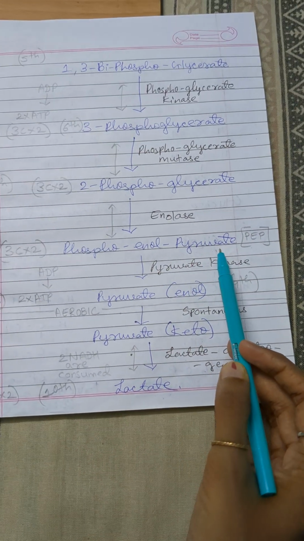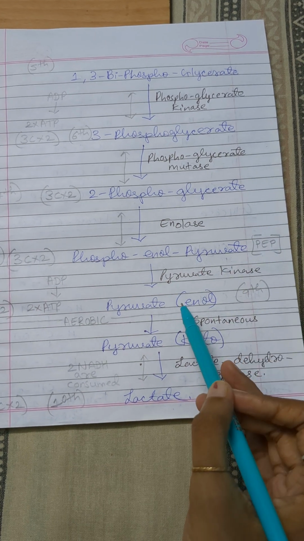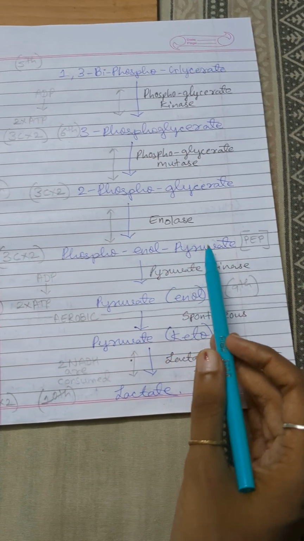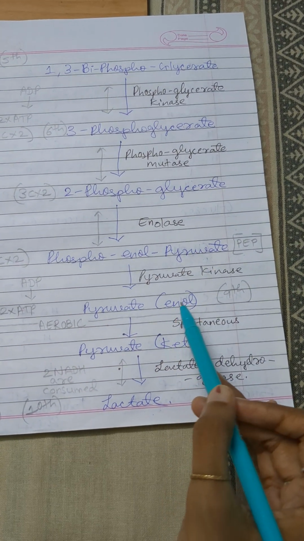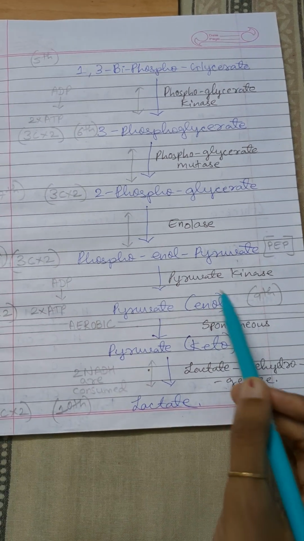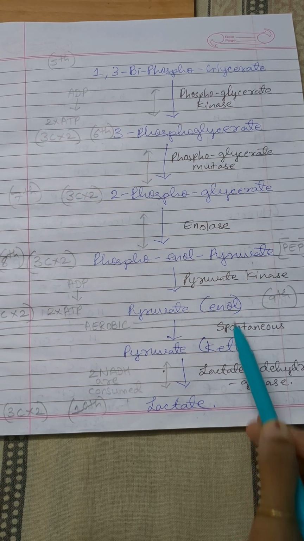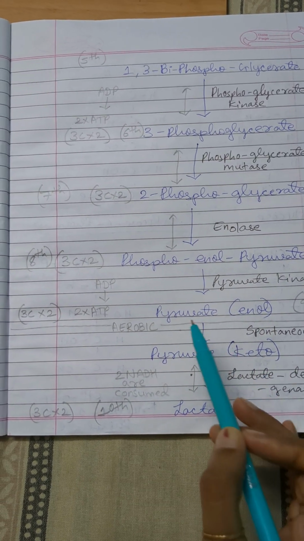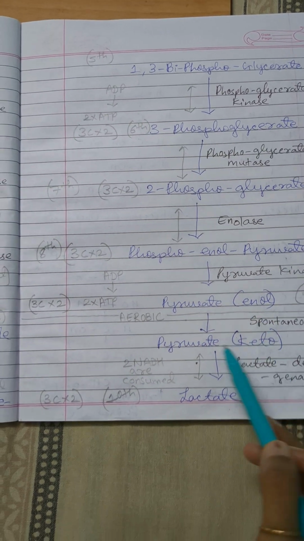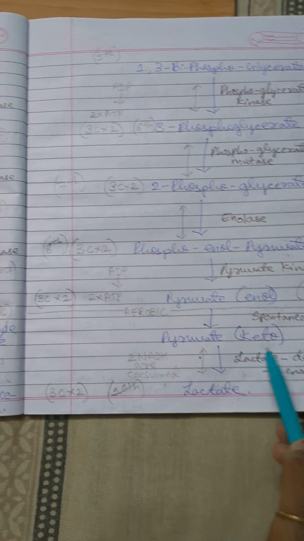Phosphoenol pyruvate is then converted to pyruvate, first in enol form, then the enol form is spontaneously converted to the keto form.